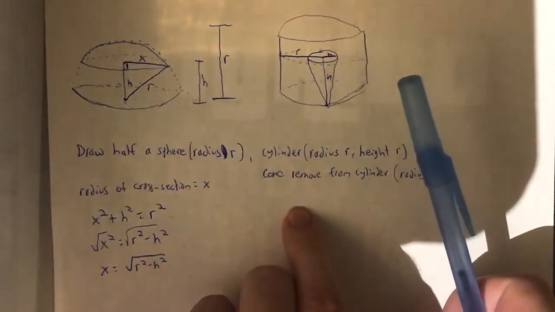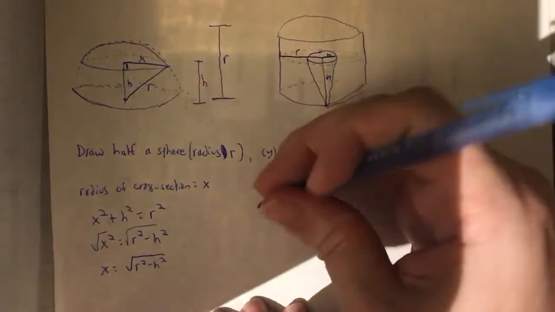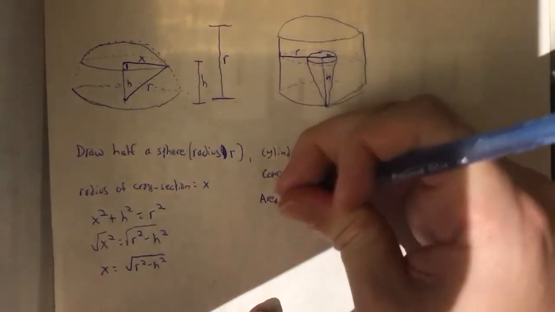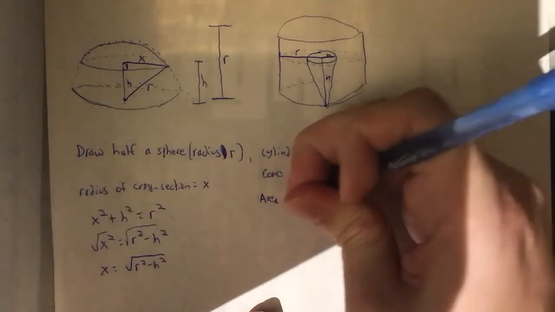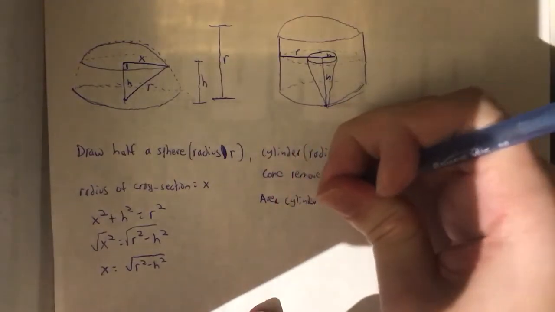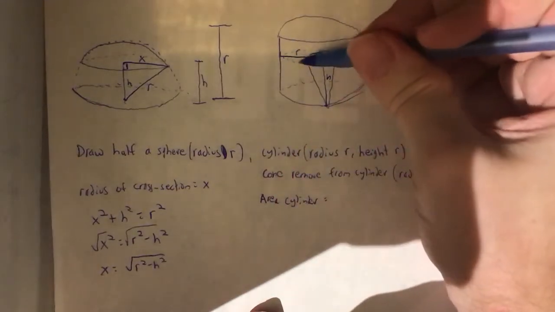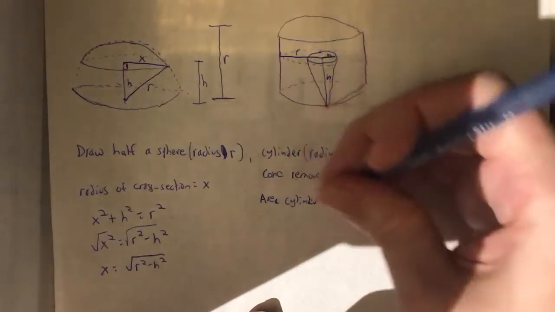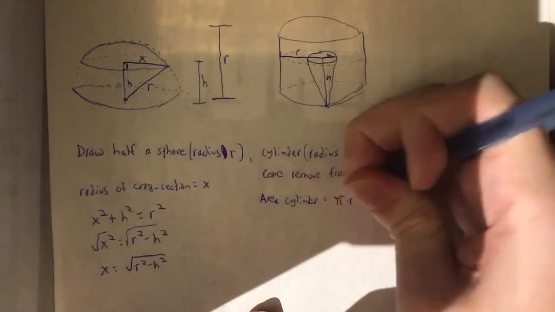So first I'm going to figure out the area of the cylinder for this cross-section. The cross-section of the cylinder is just a circle. If it has radius r, it's just pi r squared.